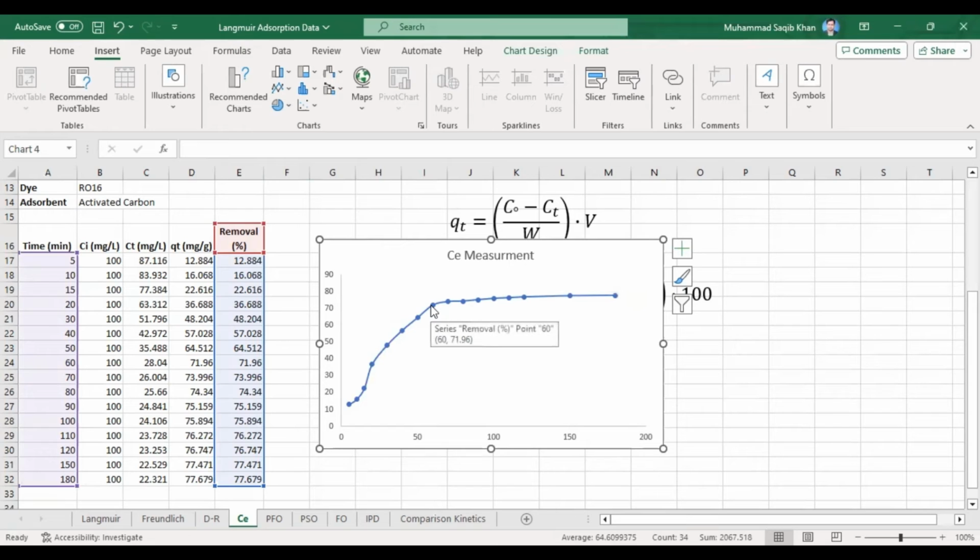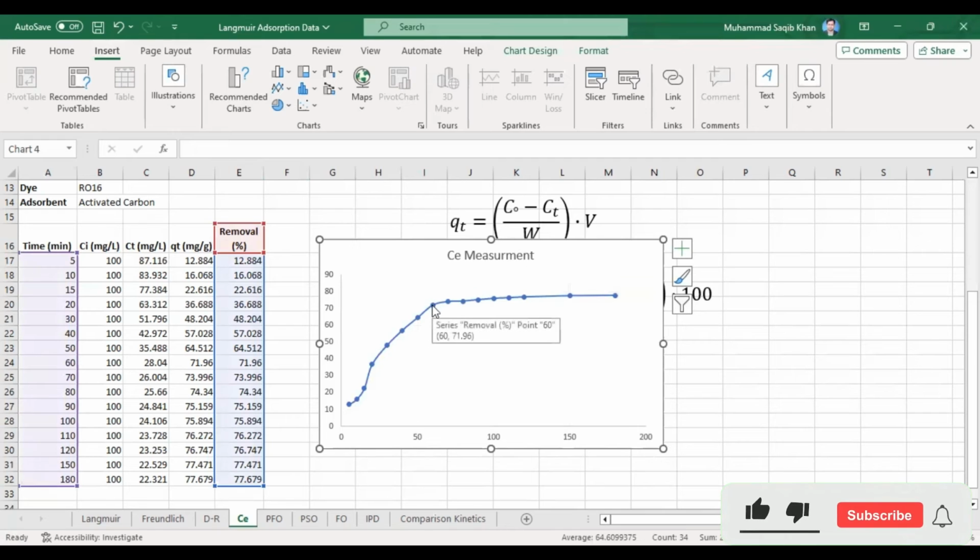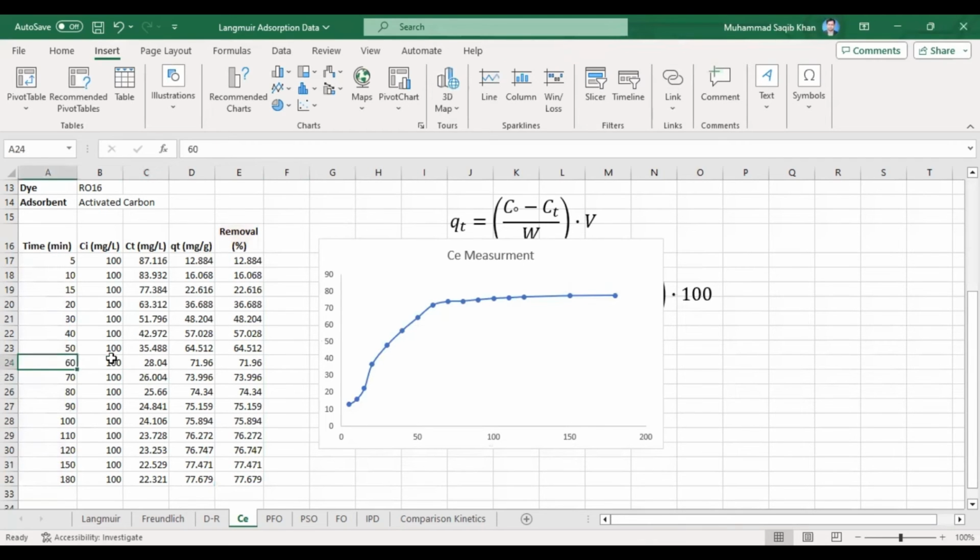So we can consider this 60 or 70 minutes as our equilibrium time. You can see over here that at 60 minutes, removal was 71%, then 73%, and till 3 hours, only 77%.